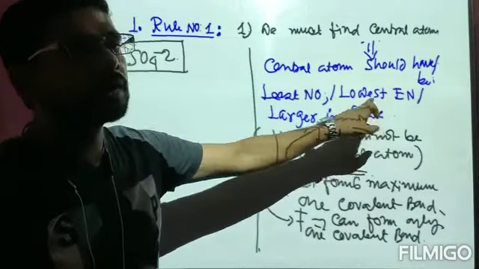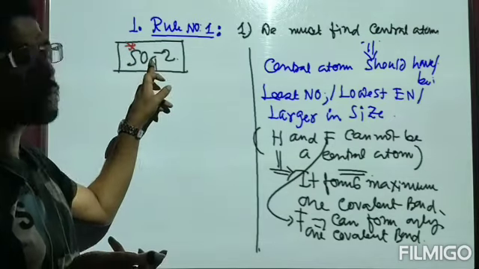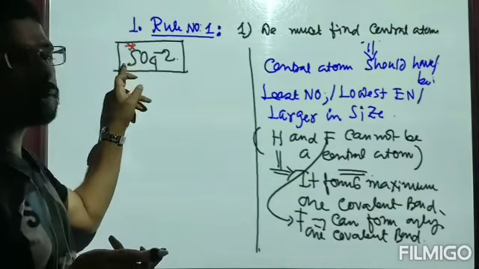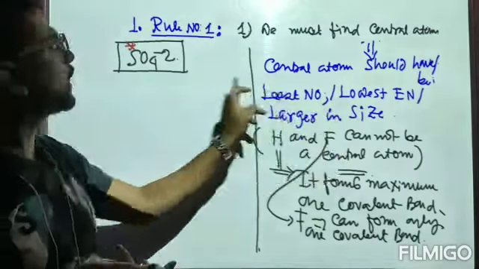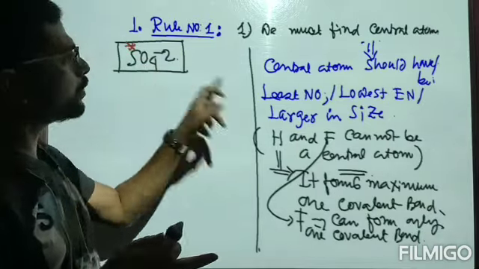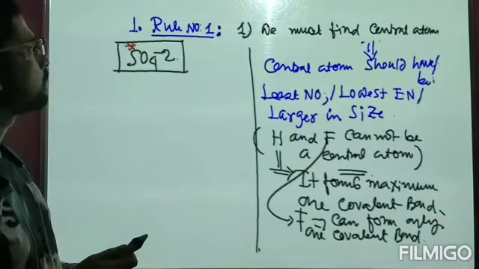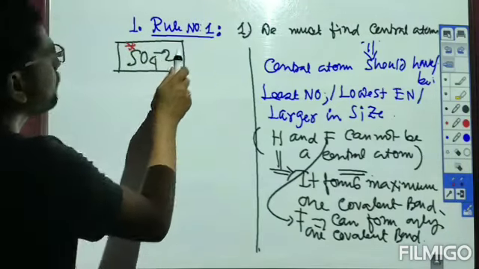Sulfur has lower electronegativity than oxygen, and the size of sulfur is larger compared to oxygen. So here sulfur will be the central atom.